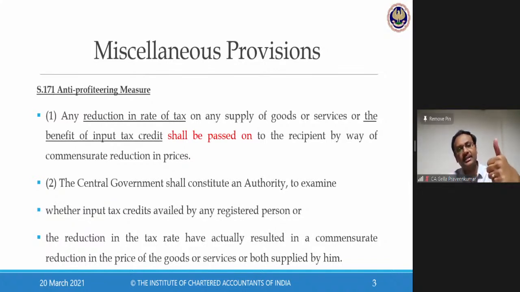First aspect is, look, the rate of tax has been reduced. What do you mean by that? Assuming there is a supply which is taxed at the rate of 18%. If the government has reduced the tax from 18% to say 12%, the government says that the reduction in rate of tax should have been passed on to your consumer.